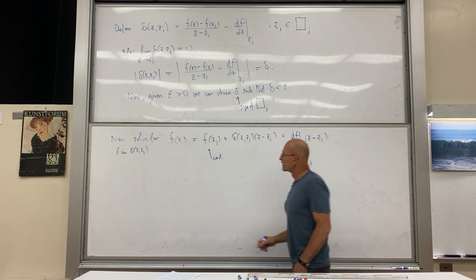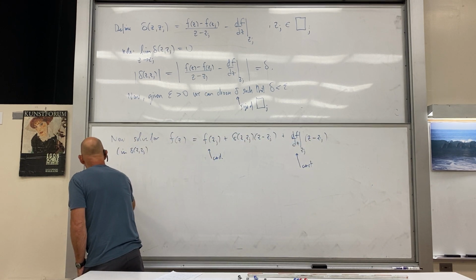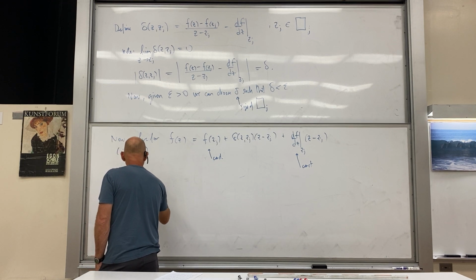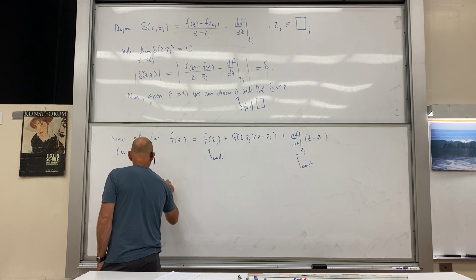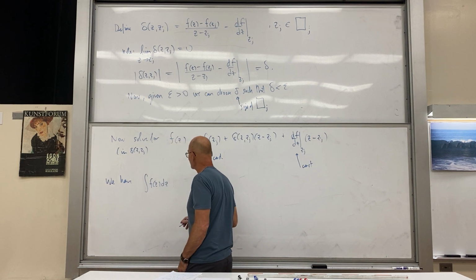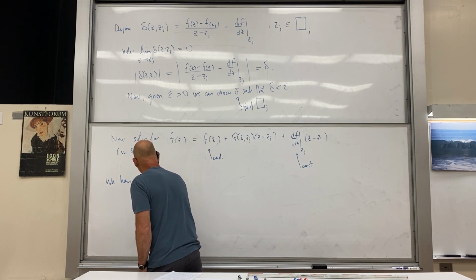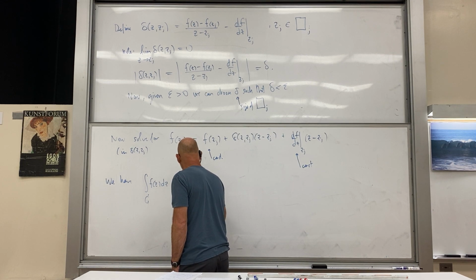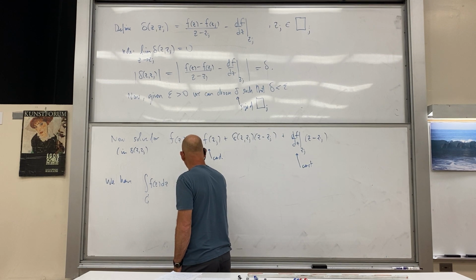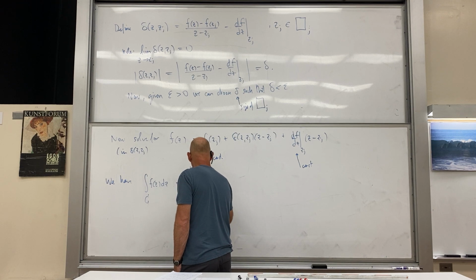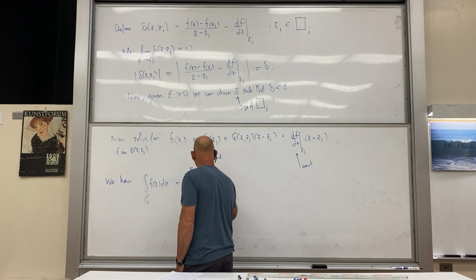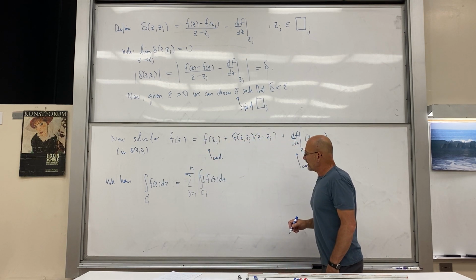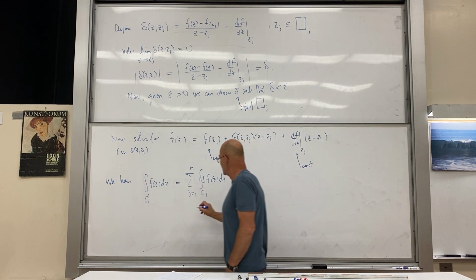So when we do this integral, we have the integral of f of z dz around c is first the sum over j equals 1 to n of these c sub j boxes, and now we're going to go into here.